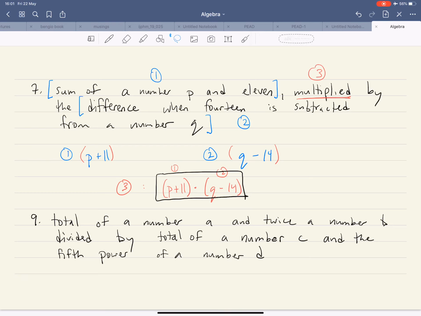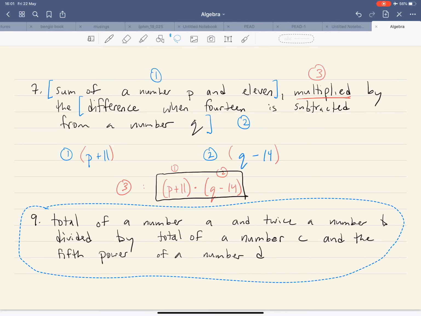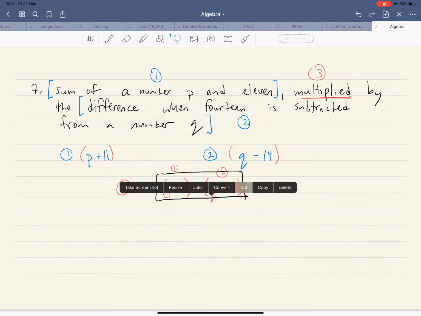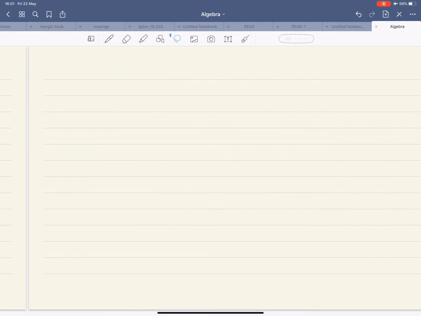And I can see now that these phrases take up a lot of space. So we're going to again move this to the next page.